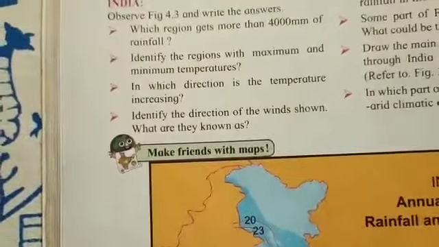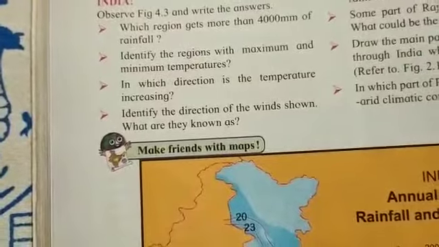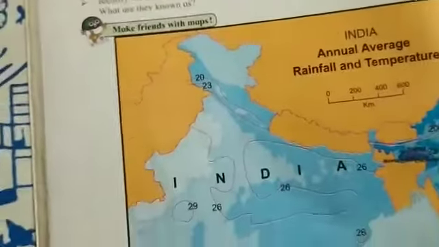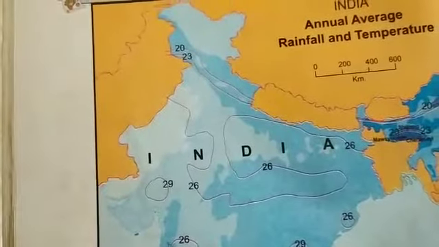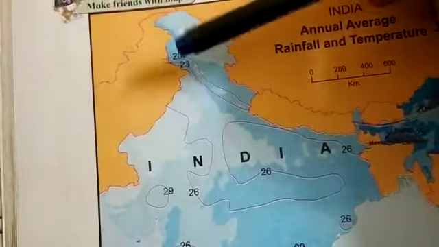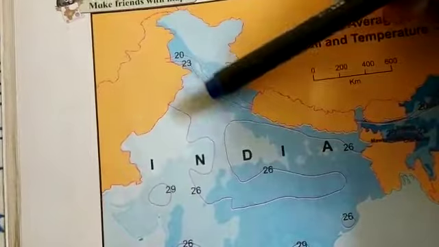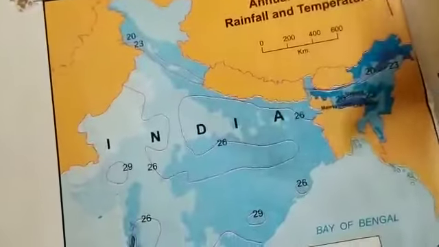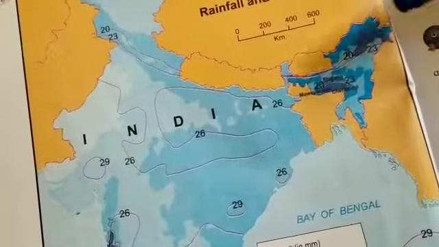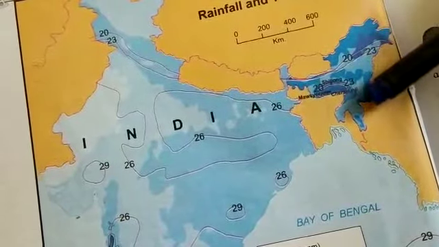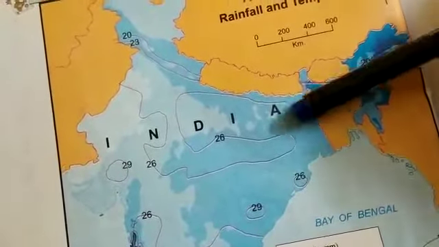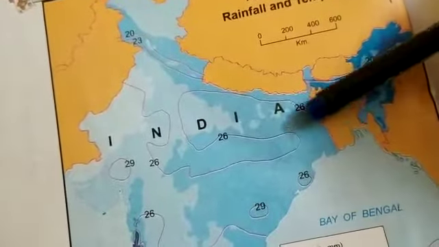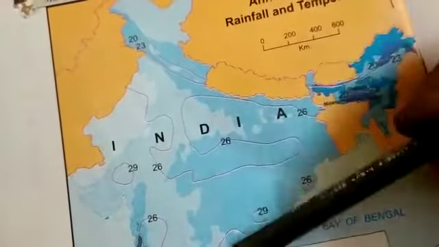Fine. Now the next question: identify the regions with maximum and minimum temperatures. For that we will have to take a look at these red colored contour lines. Here it is 20 in Kashmir, 23, and then let us see where else there is 20, 23. And now here in the peninsula, in the central part of the country, it is increasing as we go towards the south.